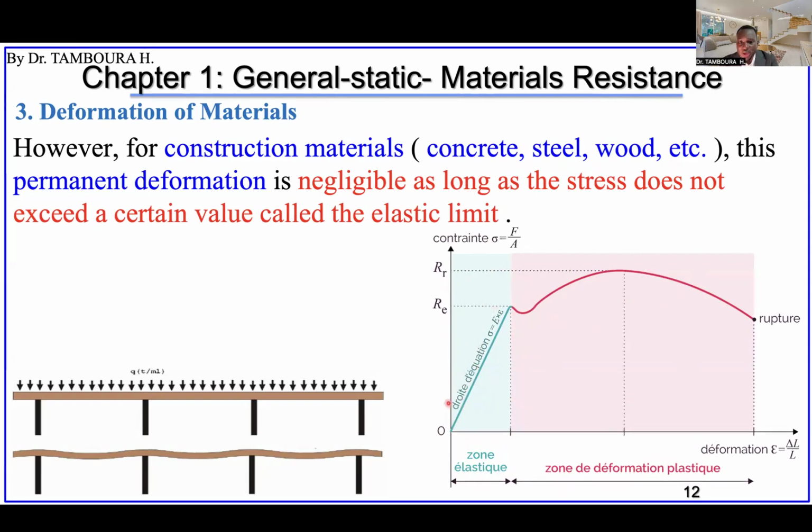So if you apply the relationship between stress and deformation, we see sigma, right? Okay, stress and deformation. If you are in this zone, this zone is called elastic zone. As you can see, this portion of the sigma curve is a straight line, it is linear.